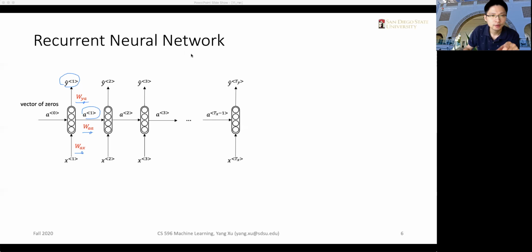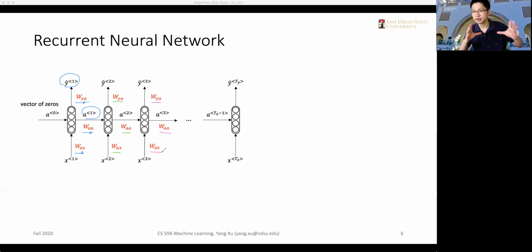Okay, so now all the parameters, as I said before, are shared across different time steps. The WYA, WAA, and WAX used here at the second time step, and those used at the third time step, are actually the same parameters.